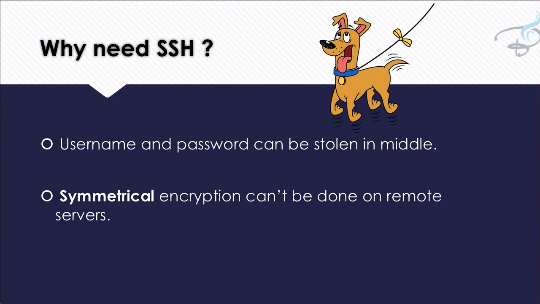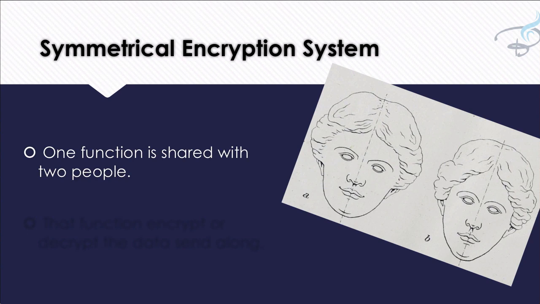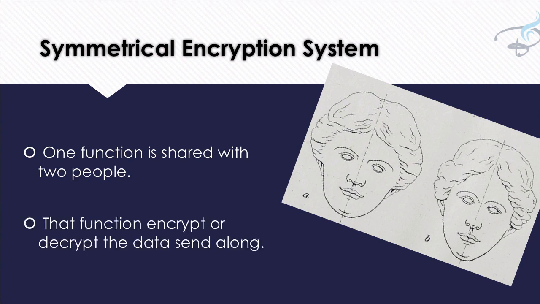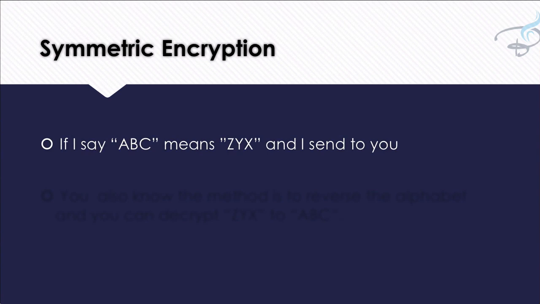If you're not familiar with symmetrical encryption, let's first understand this, because SSH key uses asymmetrical, so we must have the knowledge of asymmetrical and symmetrical. So symmetrical encryption is simply one function which is shared between two people, and that single function is capable of encrypting and decrypting the data sent along. Suppose I want to say ABC and that meaning is ZYX, then I send it to you.